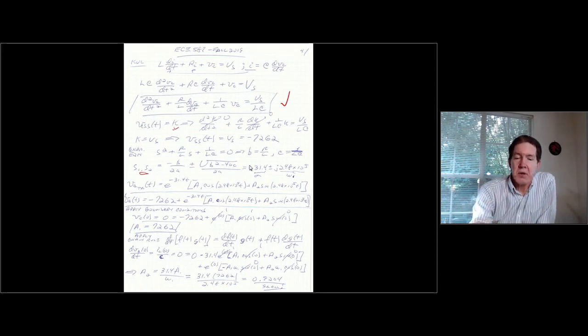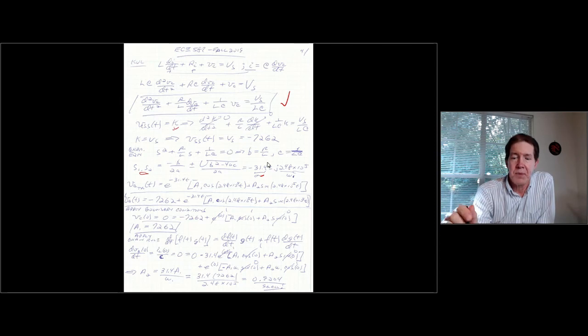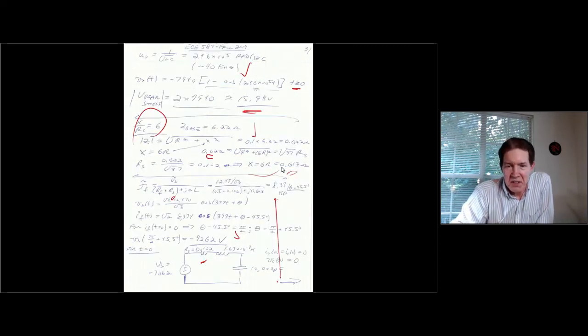And the roots are going to have a real part, which is minus 31.4. This is associated with the exponential term that's going to decay with time. And then there's the oscillatory term, which is 2.48 times 10 to the fifth. So if we look at what this gave us before, it does change the resonant frequency in the third place.